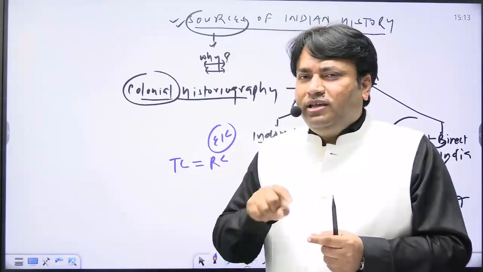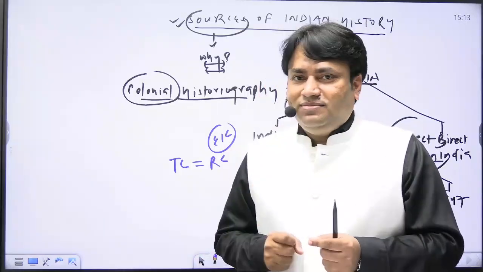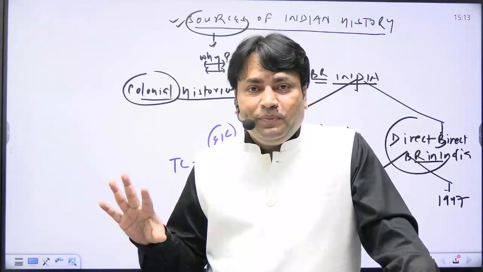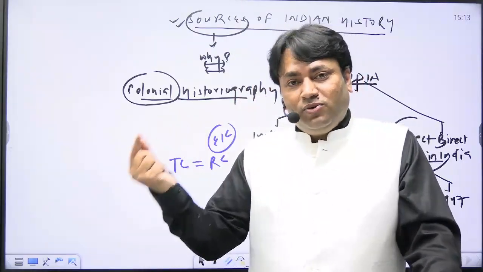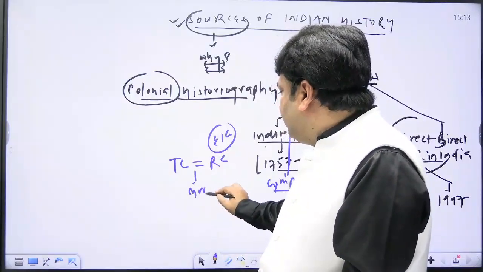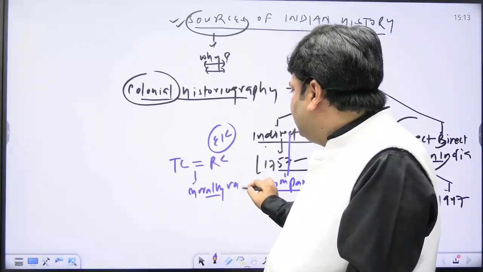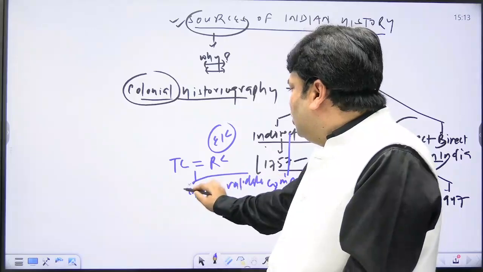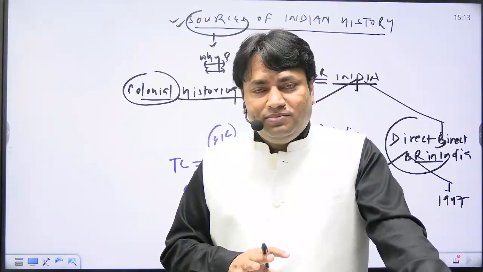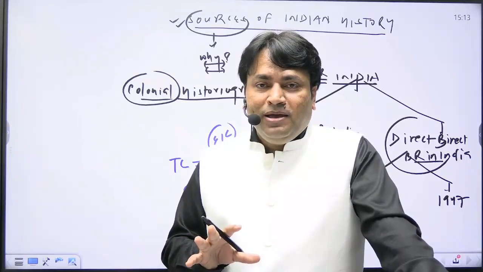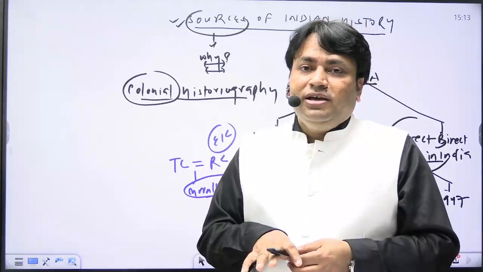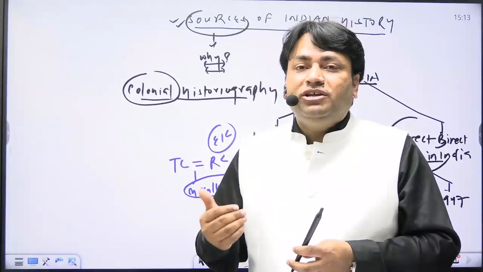Now tell me, if a trading company starts ruling, is it morally validated? Yes or no? No. If a trading company starts ruling, this event cannot be morally validated. So what will this trading company do to morally validate its political power in India? Obviously it will do something, because here the trading company is not only ruling, but ruling in an arbitrary manner.